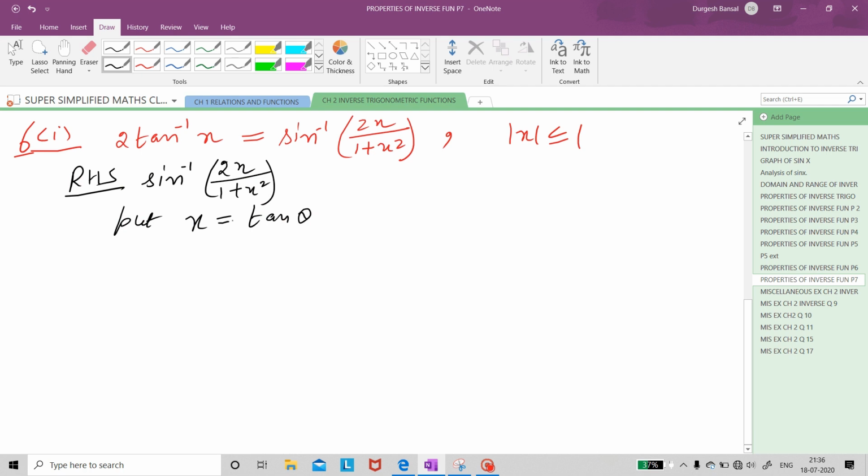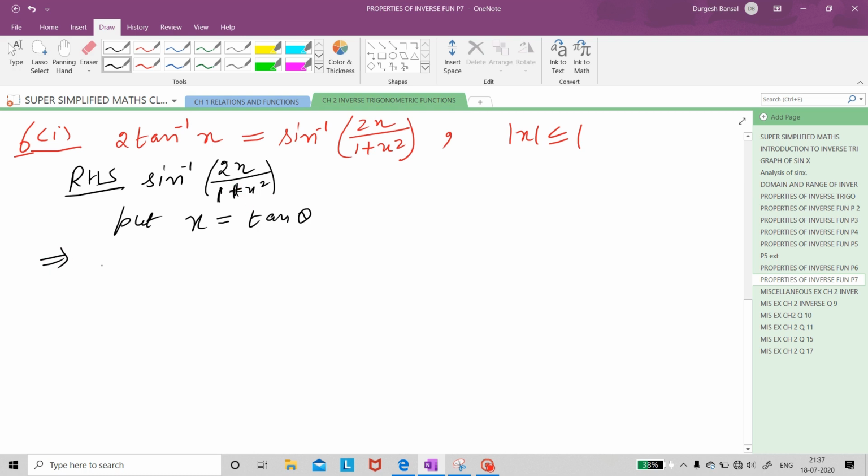Here you can note why I have substituted x to be tan theta and not any other trigonometric ratio, because if you put x to be tan theta, then this expression becomes 2 tan theta upon 1 plus tan square theta, which is nothing but sine 2 theta. And therefore, keeping this in mind, what trigonometric formula we can get, we substitute the relevant value of x.